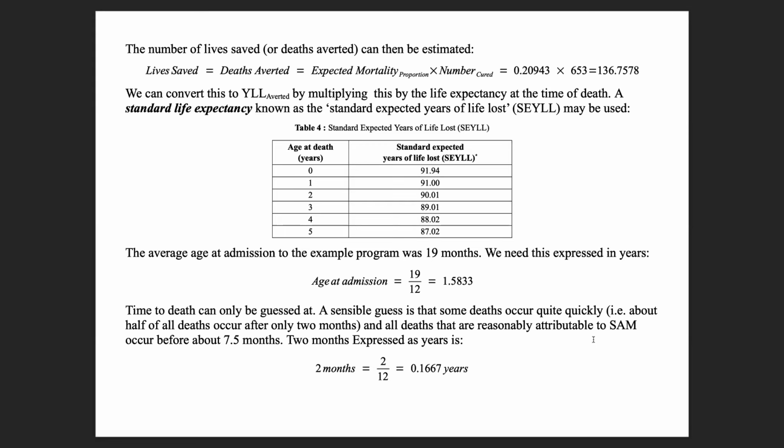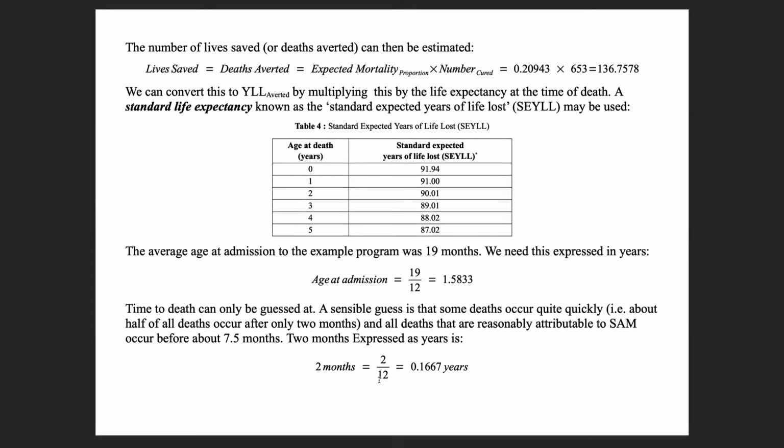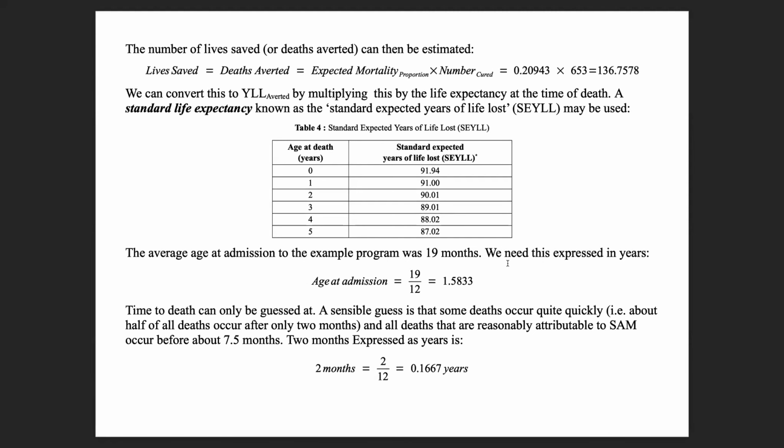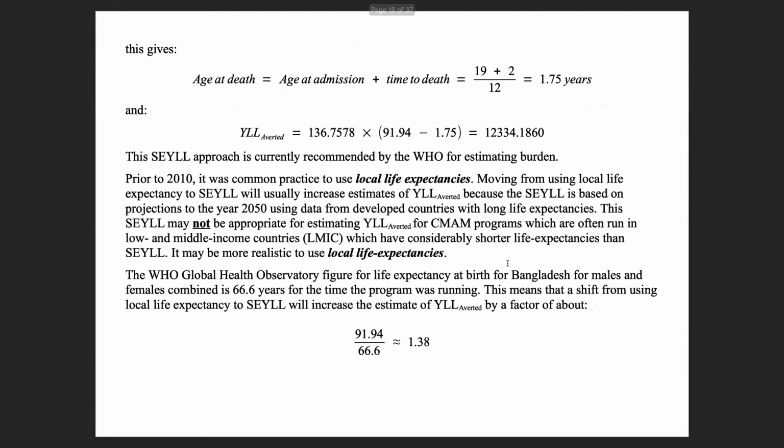That 2 months where half of them died is calculated here. Now, we join those together. Age at death can be calculated by adding that 2 months to the 19 months and dividing by 12 to give us the years, and that's 1.75 years.